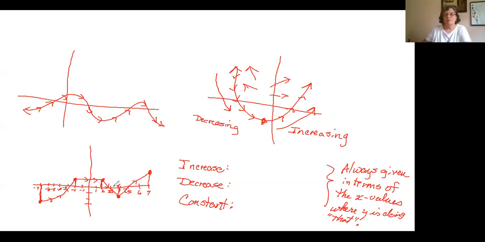They don't care what the y values actually are. What they're asking for is over what set of x values the y values are increasing or decreasing or staying the same. They want to know what x intervals the y values are increasing, decreasing, or staying constant.